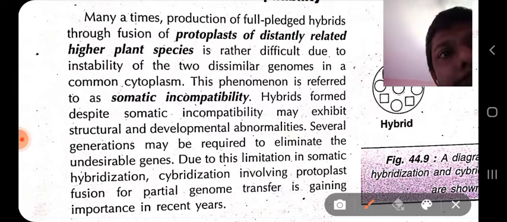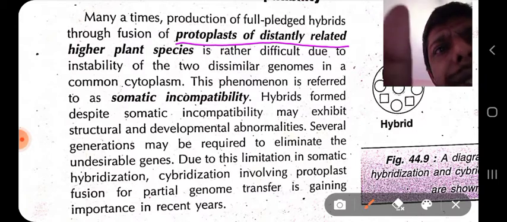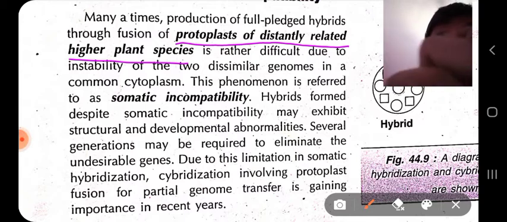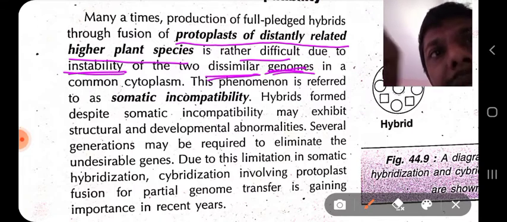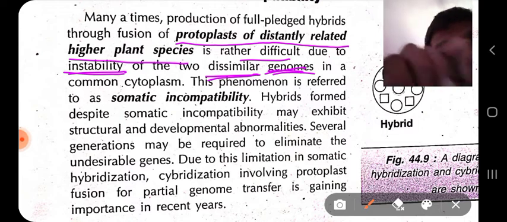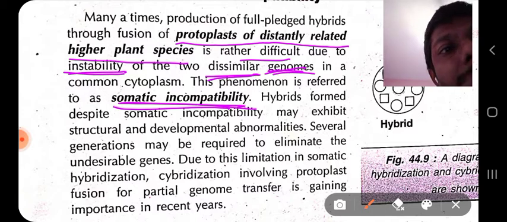But it has been observed that when we try to fuse protoplasts of distantly related species, not closely related, it is very difficult to regenerate, because there will be instability of the two dissimilar genomes. Obviously they are dissimilar, so it is difficult for them to retain the whole set of chromosomes within that hybrid protoplast. This phenomenon is called somatic incompatibility.